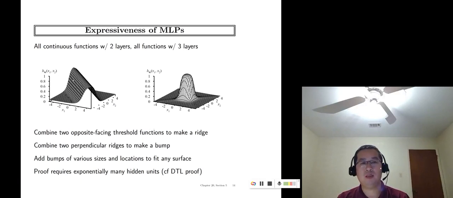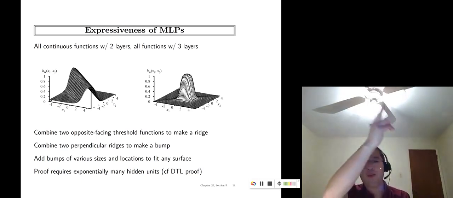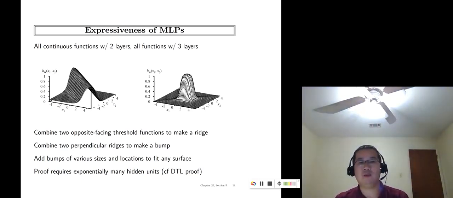So opposite facing threshold functions: for example, the activation function. One is a sigmoid in this way, the other is in this way. So we can represent both sides. The activation function still has a very important impact on the final shape, because that's the threshold.